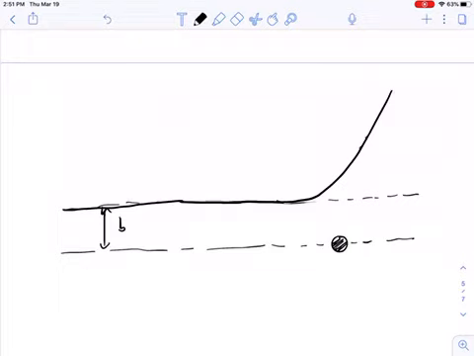And so we were extrapolating back from here, and we said that we were going to be looking for the scattering angle theta.